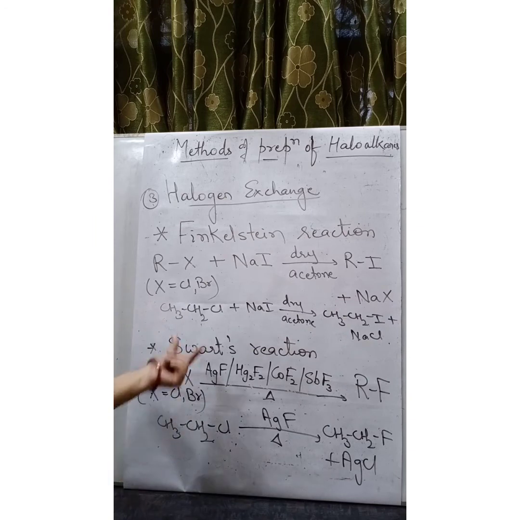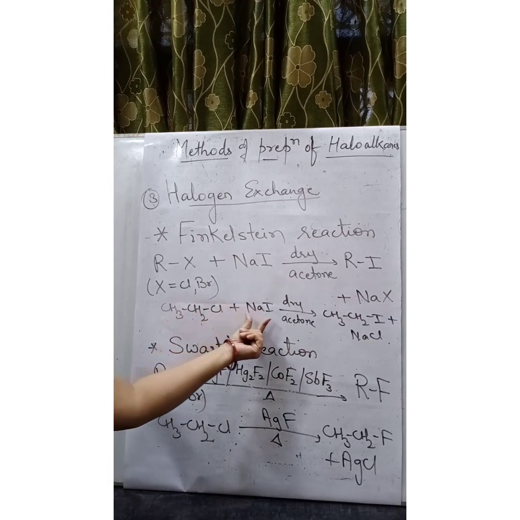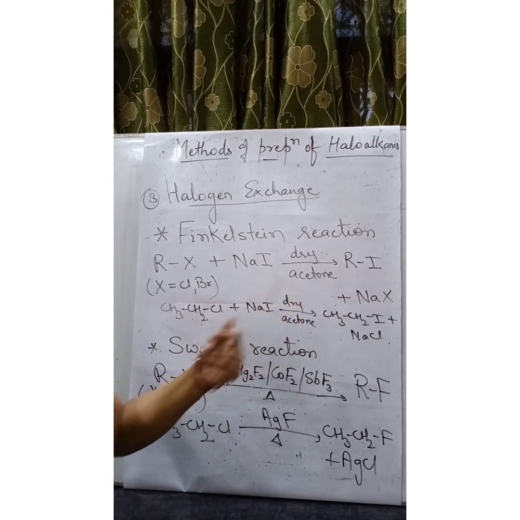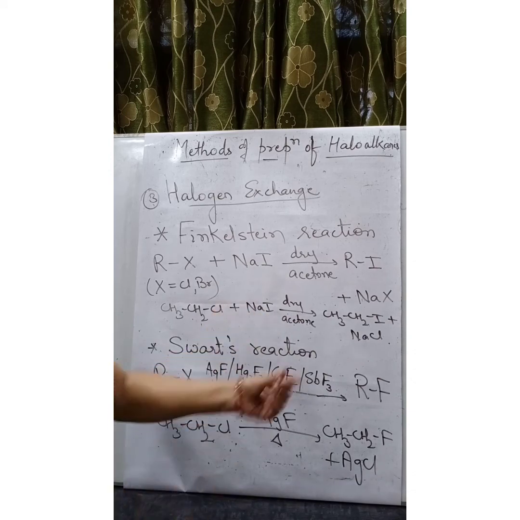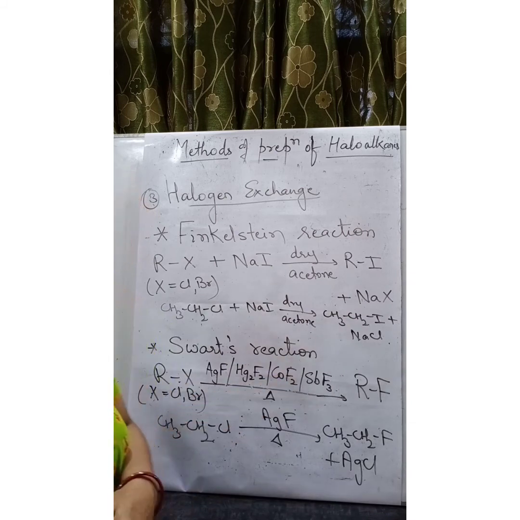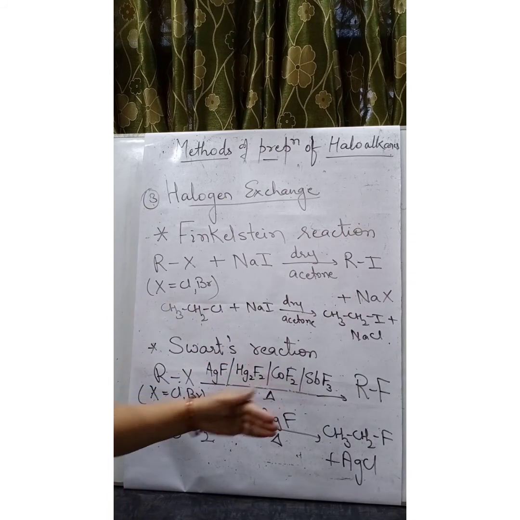Take an example, chloroethane. When treated with NaI in presence of dry acetone, swapping of halogen takes place and it forms iodoethane and NaCl.